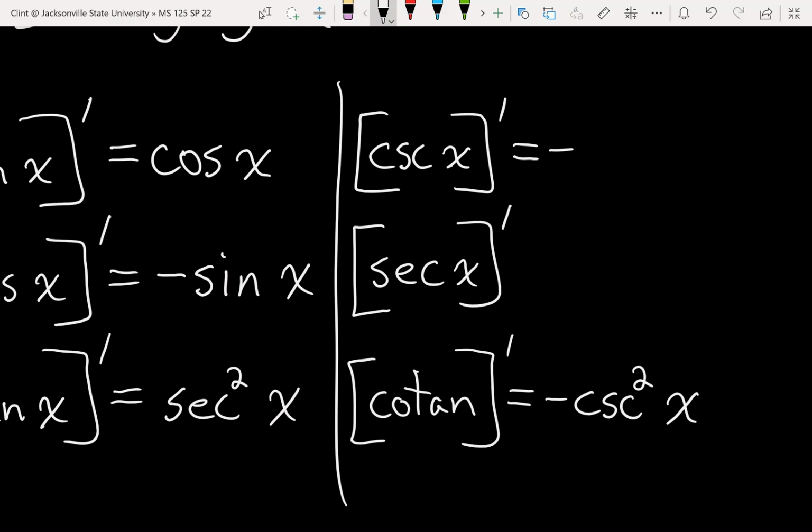So cosecant is negative cosecant cotangent. And then secant is secant tangent.